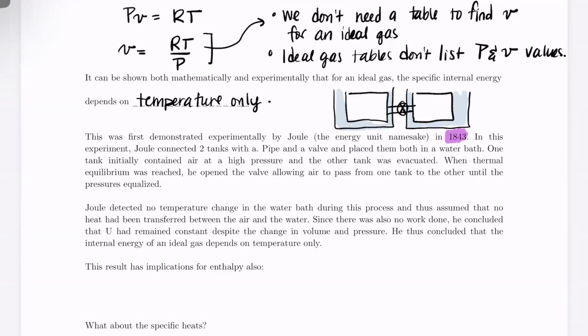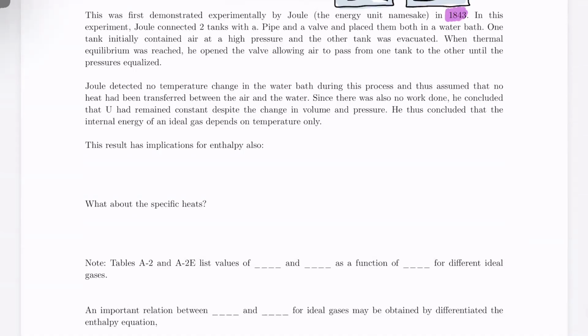Okay, so this result has implications for enthalpy as well. Enthalpy by definition is equal to internal energy plus PV. But if you remember from the ideal gas law, PV is equal to RT.